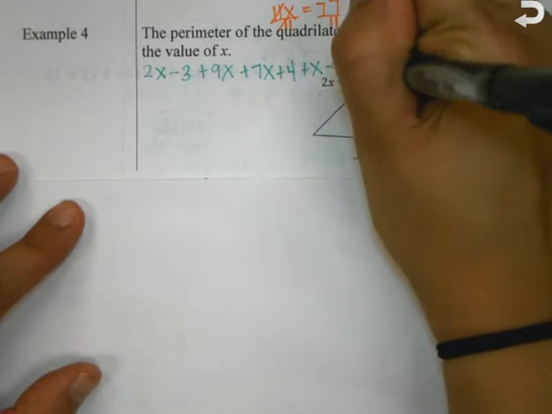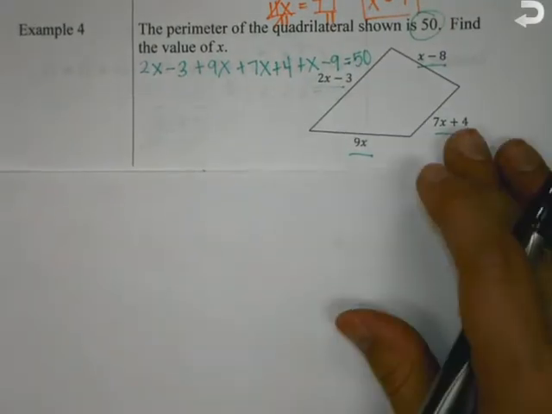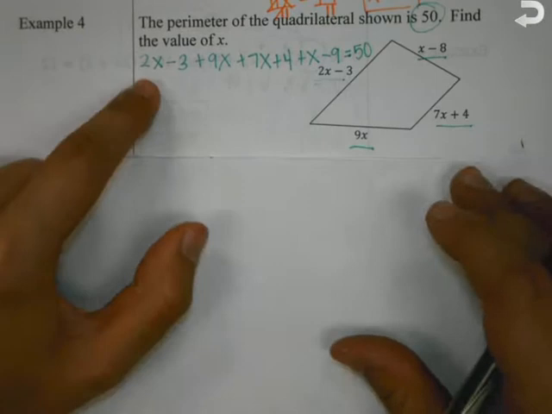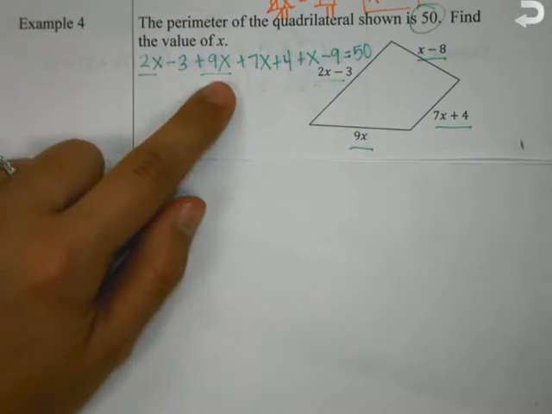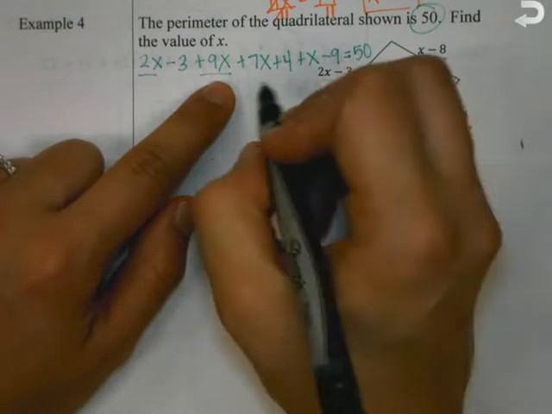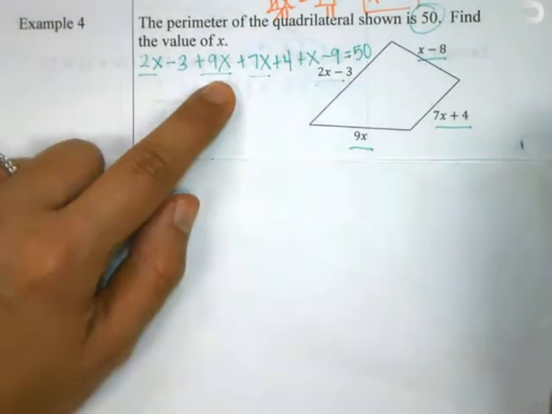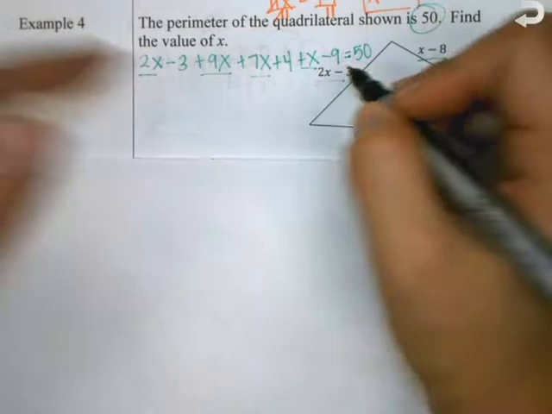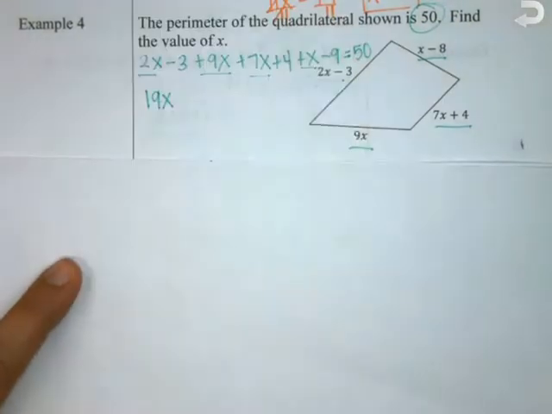Okay, let's combine like terms. 2x plus 9x, what does that give me? 11x. 11x plus 7x gives me 18x plus 1x? 19x. Okay, negative 3 plus 4, what does that give me? 1.